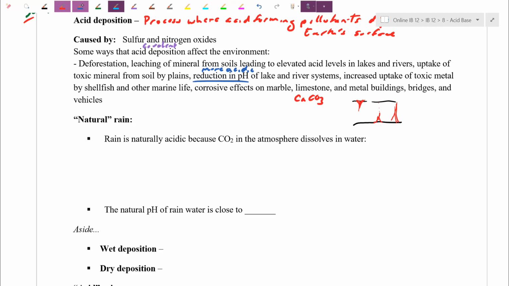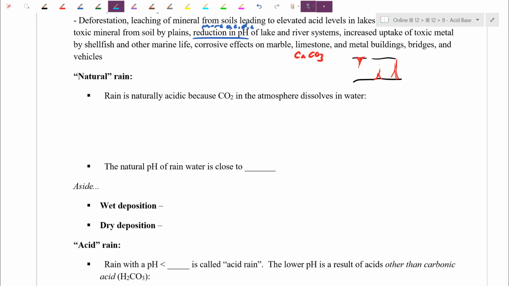So for starters, I want to qualify what is not acid rain. Our rain is naturally acidic, and this is an important note, because CO2 is a really prevalent gas in our atmosphere. CO2, like our SOx and NOx, is also a non-metal oxide. It is going to end up forming an acid in solution. So basically we have CO2, which is gaseous.